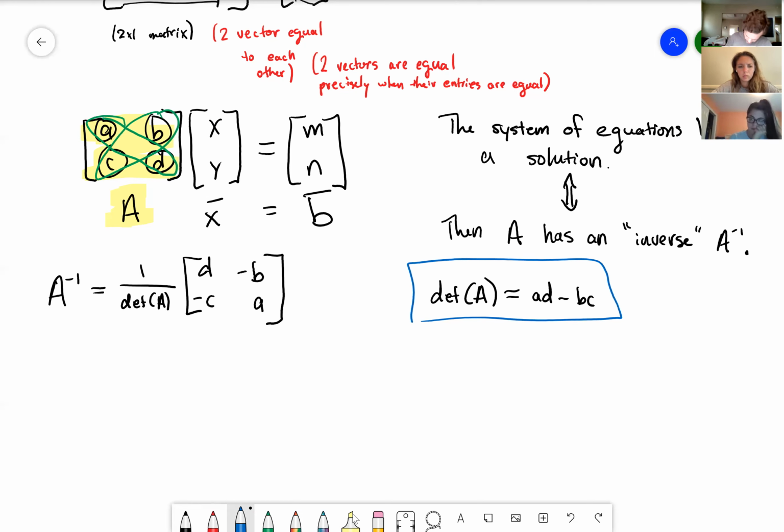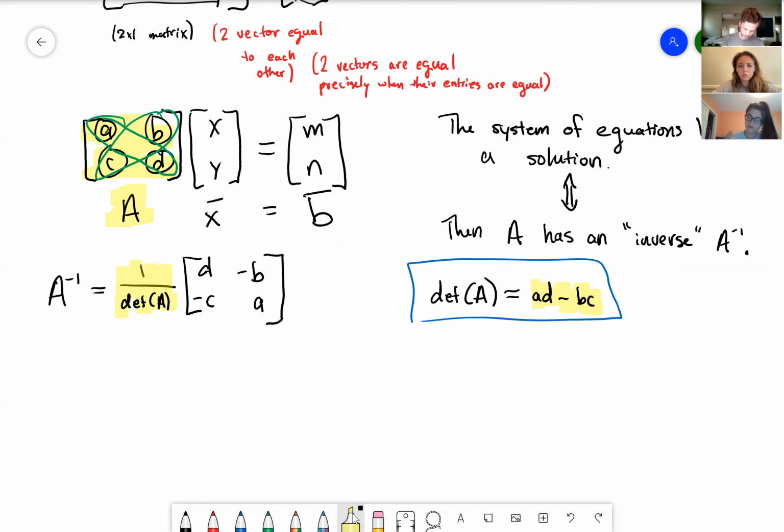Anyway, this thing appears in the formula for the inverse of the matrix, and I didn't mention what it means here to multiply a matrix by a number. This is the reciprocal of the determinant, the reciprocal of this quantity right here. What it means to multiply a matrix by a number is just multiply all of the entries by that.